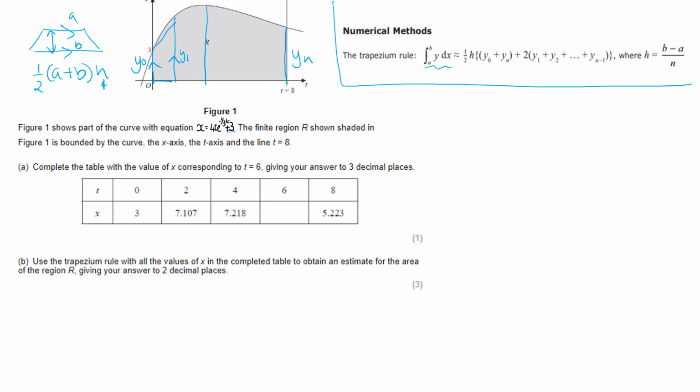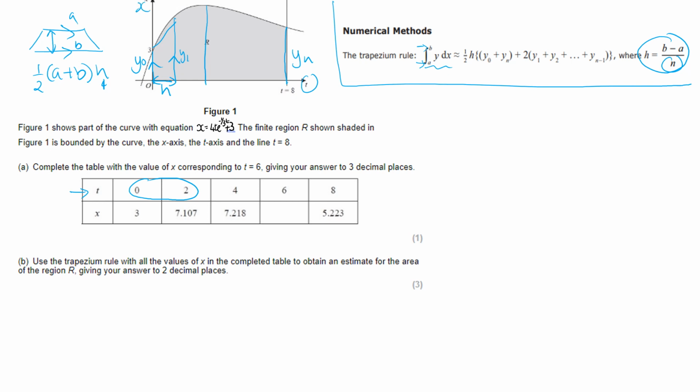all the way in equal strips to yn. And the distance between them, these trapeziums are lying on their side. This is our h. So you can use this formula here to just divide the interval into the n strips, or you can just look and see that h is the distance between the usually the x coordinates, but in this case we've got t on the x-axis and x on the y-axis.